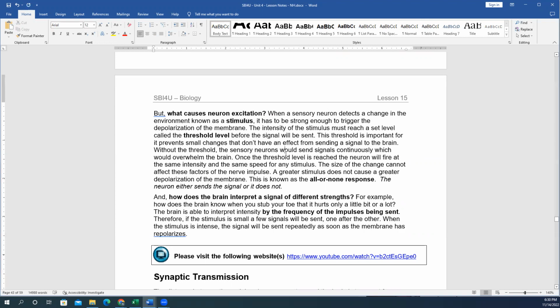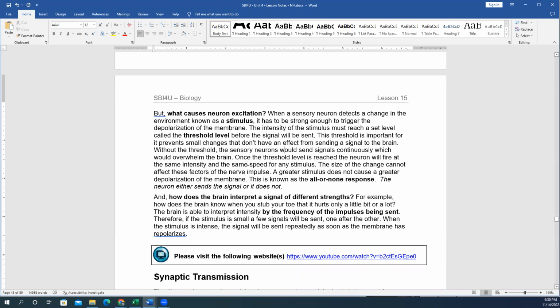The stimulus that can be detected by that sensory neuron has to be of a strong enough magnitude to trigger that depolarization of the membrane. The intensity of that stimulus has to reach a certain set level, or a threshold level, in order for the signal to be sent.